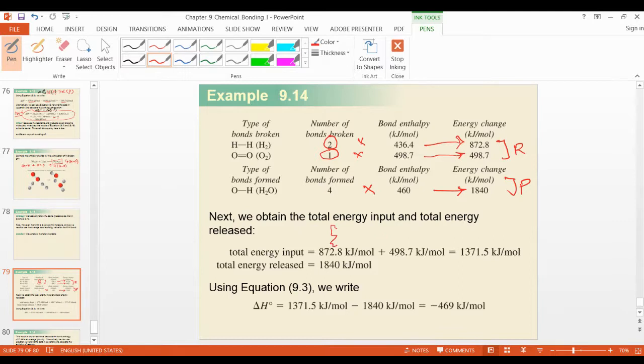Summation of bond energy of reactant minus summation of bond energy of the product. But here there is no summation because this is only 1. You can write here, this is summation. After summation you get this. This is for single 4OH, and now you will get minus 469 bond energy. Any step which is not clear, please tell me now. This is very, very important.